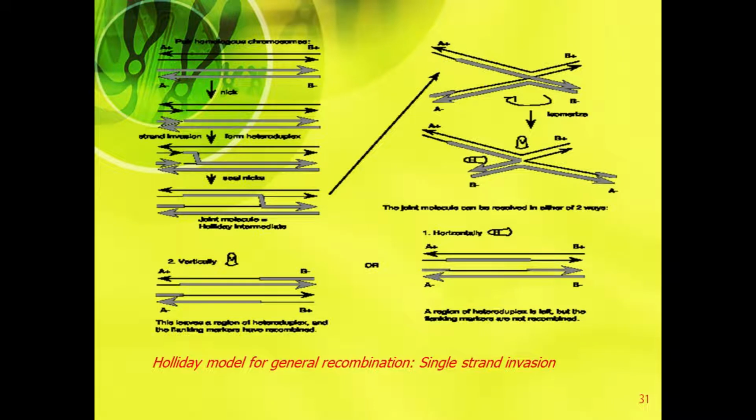Resolution can occur in either of two ways, only one of which results in an exchange of flanking markers after recombination. The two modes of resolution can be visualized by rotating the duplexes so that no strands cross over each other.